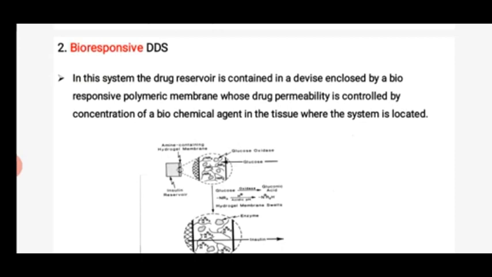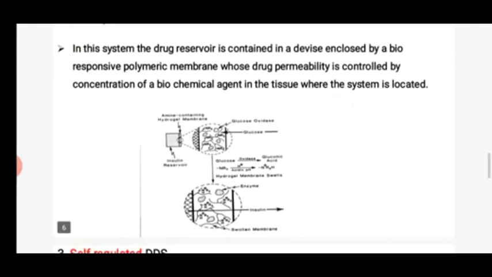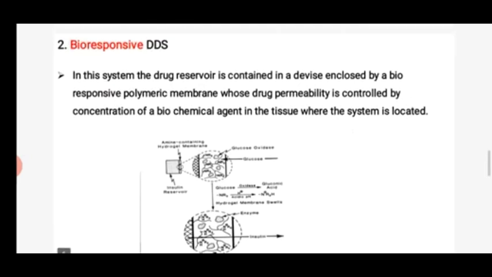This prodrug is not classified as a controlled drug delivery system. It is an exception, definitely not a class of controlled drug delivery system. So the prodrug is a different term, a compound formed by chemical modification of biologically active compounds.